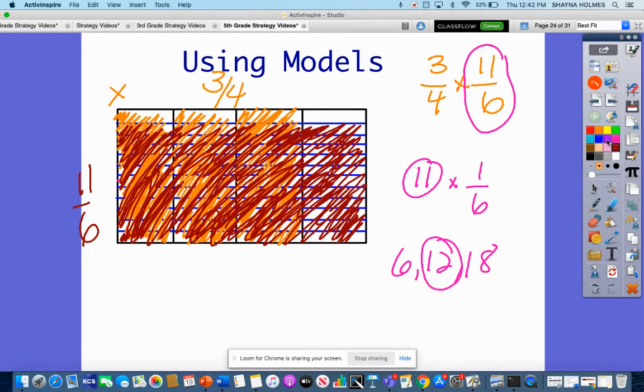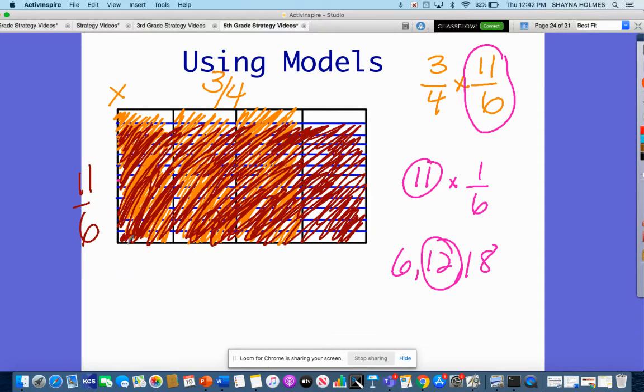Okay, so let's talk about a couple of things. So obviously 11/6 is more than one whole. So I have 1, 2, 3, 4, 5, 6. If this right here, from here down, is one whole.